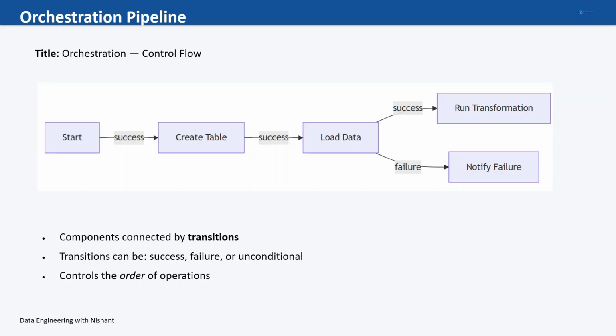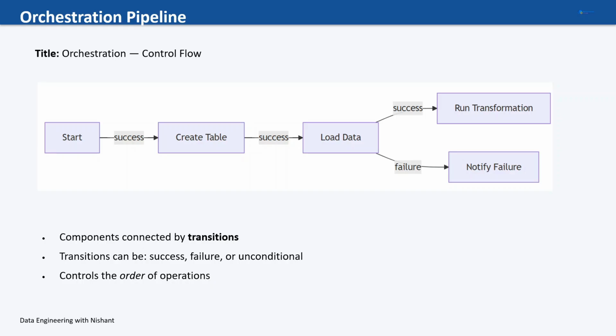This is just a basic flow that I have drawn to give you a glimpse of how an orchestration pipeline will look. As the relationship is clear, orchestration calls the transformation.